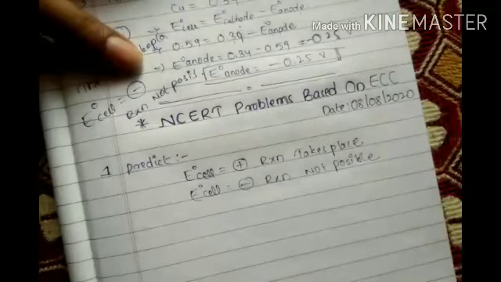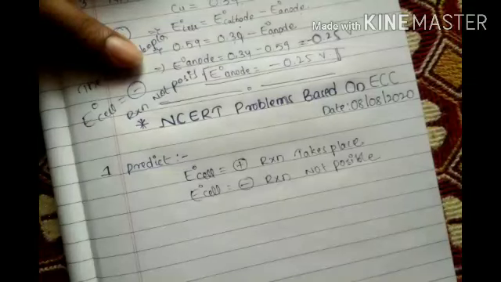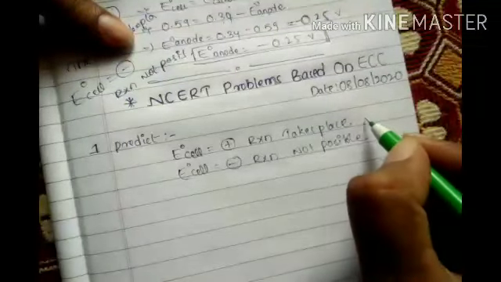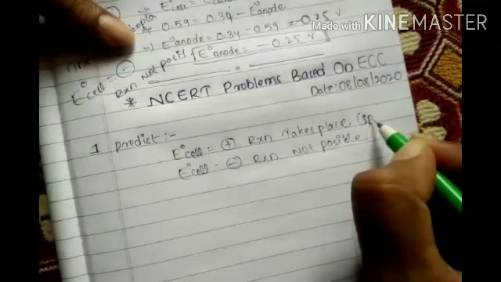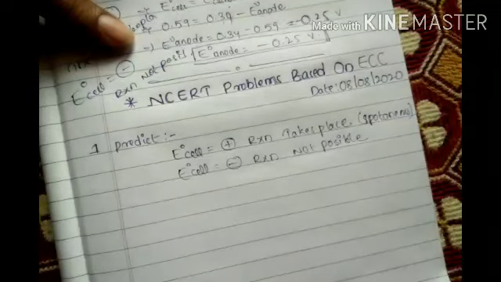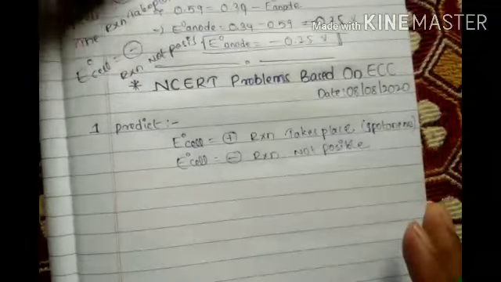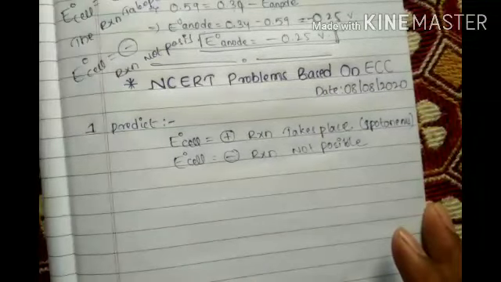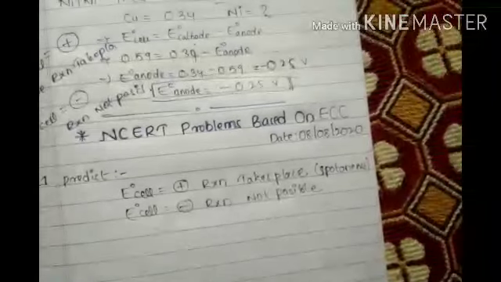Okay, and one more thing: if the E cell is coming positive, it is called spontaneous reaction.